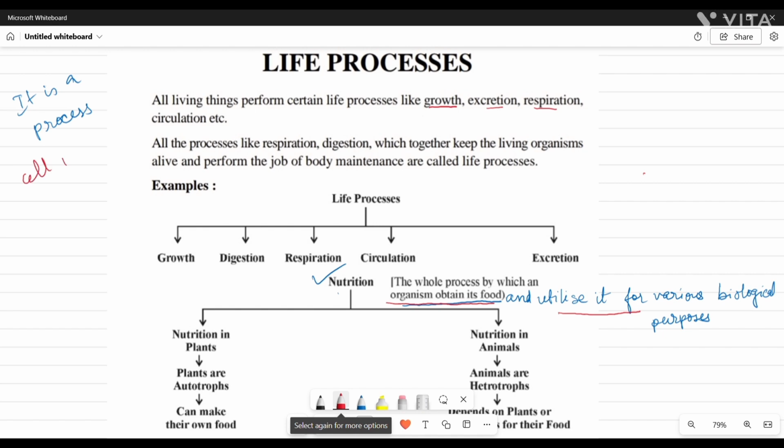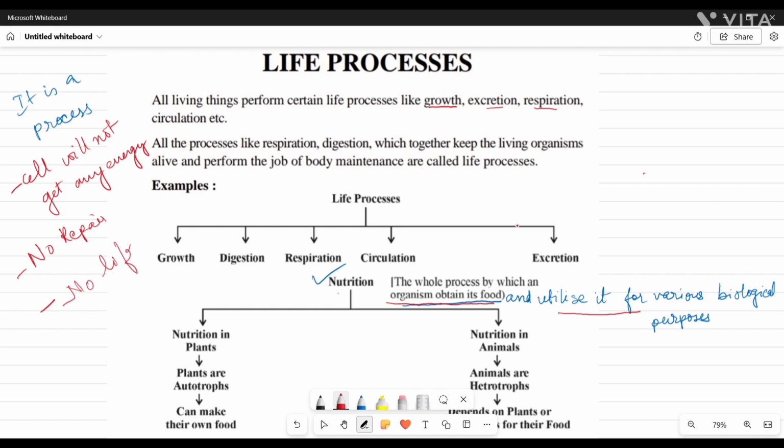The body won't grow or repair, so there will be no repair. Also, every life process will stop, meaning no life process. So the importance of nutrition is that it is required for growth, for repair and maintenance.